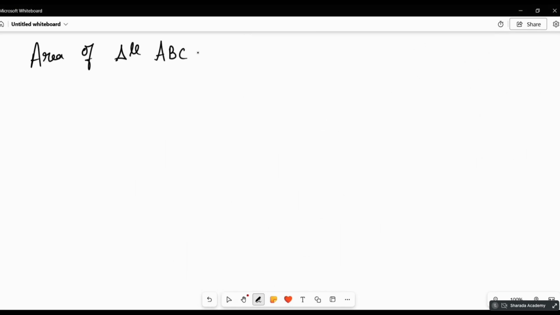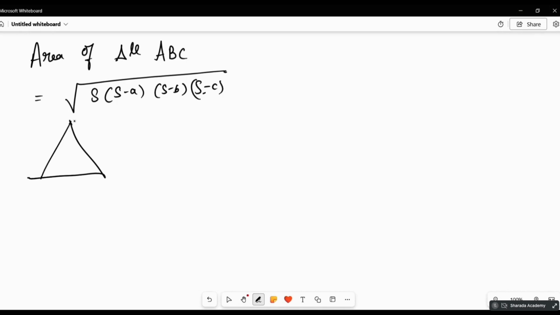For ABC, how do you calculate using Heron's formula? Root of S into S minus A into S minus B into S minus C, where A, B, C are the sides of the triangle. What are the sides of this triangle? One side is 14, another side is 6 plus x, another side is 8 plus x. What is S?